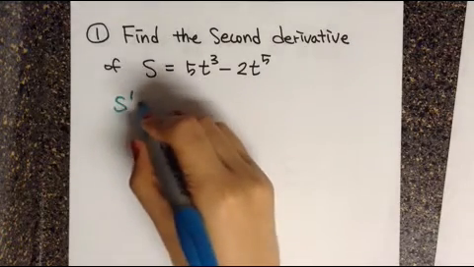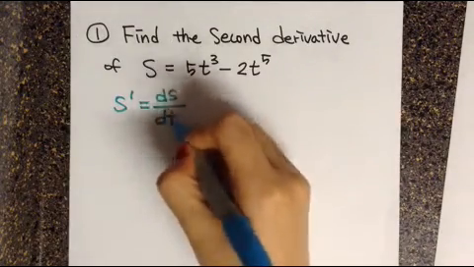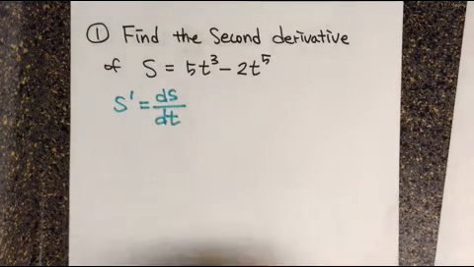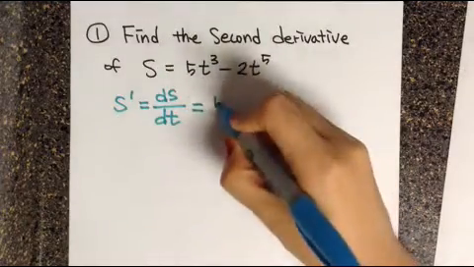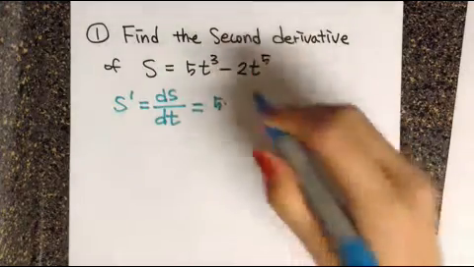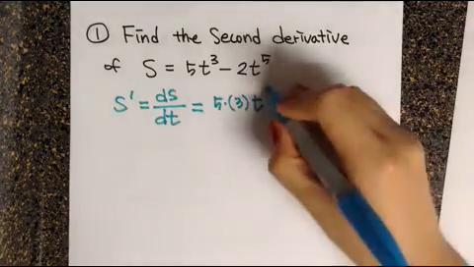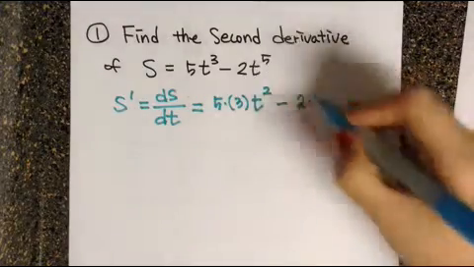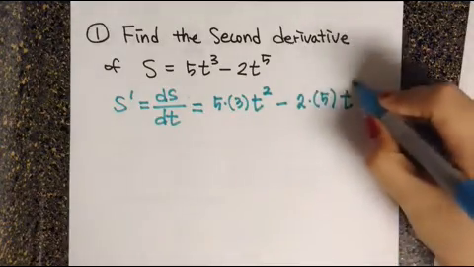S prime, which is ds over dt. ds over dt means we are taking the derivative of s with respect to the variable t, equals 5 times, bring 3 down, t to the, subtract 1 from 3, which is 2, minus 2 times, bring 5 down, t to the 4.